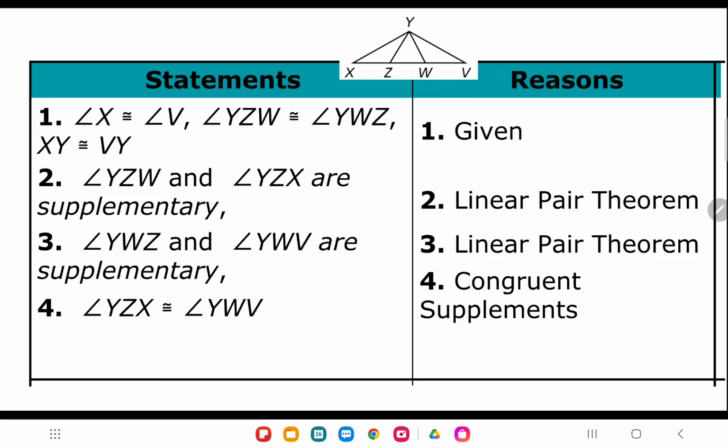That is angle side congruence right there for my two outside triangles, YZX and YWV. So I can say that XYZ is congruent to VYW. And notice that these are named in a way that matches up their corresponding angles. That is by angle side.